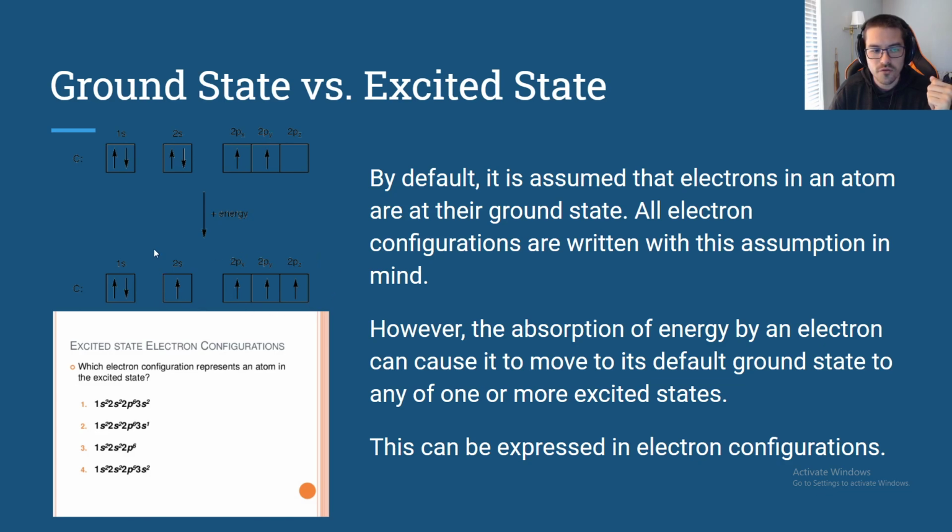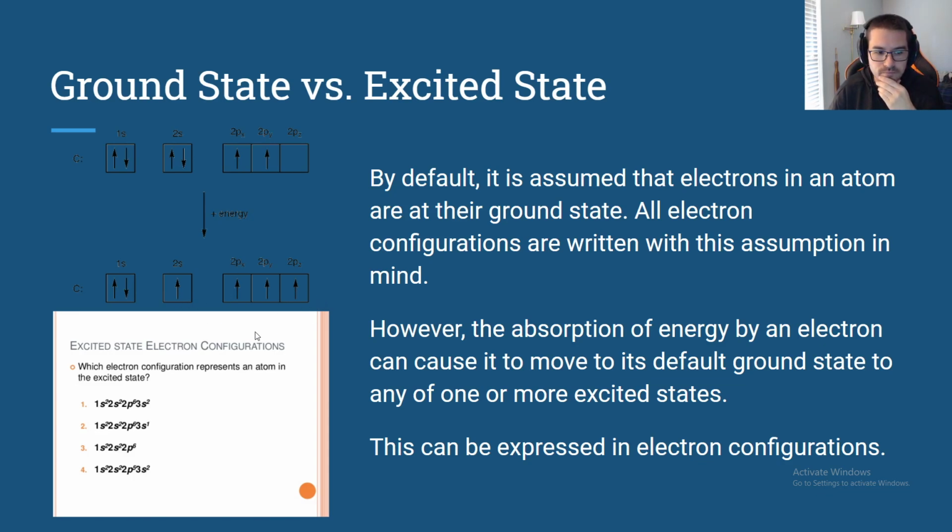This represents an excited state of carbon. This would not be how carbon would normally be. Something would have to cause the electron to jump, something would have to cause this atom to adopt this electron configuration. That would be the presence of some excess energy which the electron absorbed.